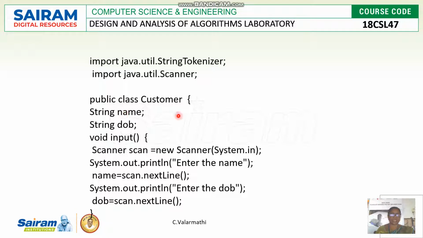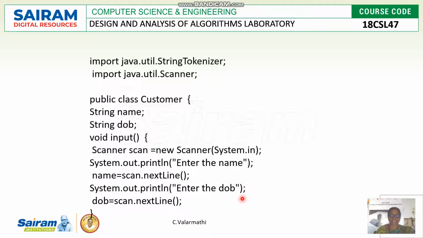The first one is the name and the second one is the date of birth. In the input method, using the Scanner class, I get the first input as the name. The name is stored using scan.nextLine in the particular variable name.